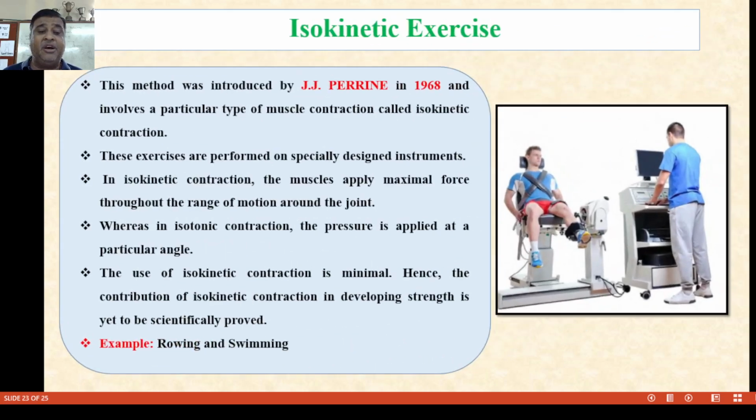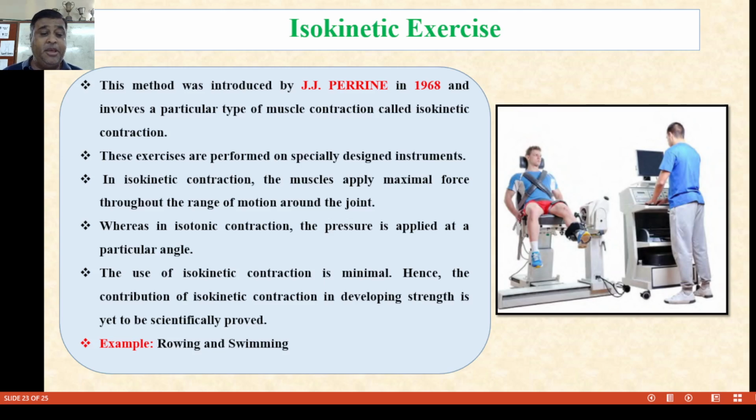The method was introduced by J.J. Perrine in 1968, and this type of muscular contraction is called isokinetic contraction. These exercises are performed using specially designed instruments. In isokinetic contractions, the muscles apply maximum force throughout the range of motion around the joints, whereas in isotonic contraction, the pressure is applied at a particular group of muscles or a particular angle.